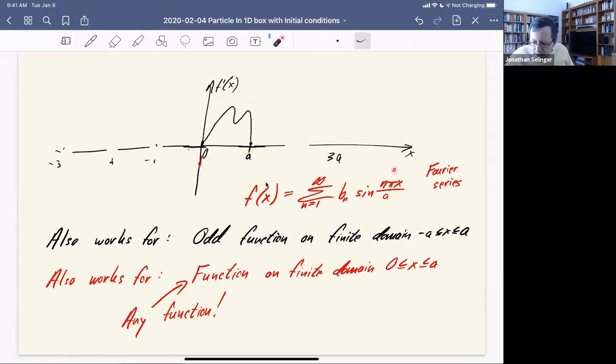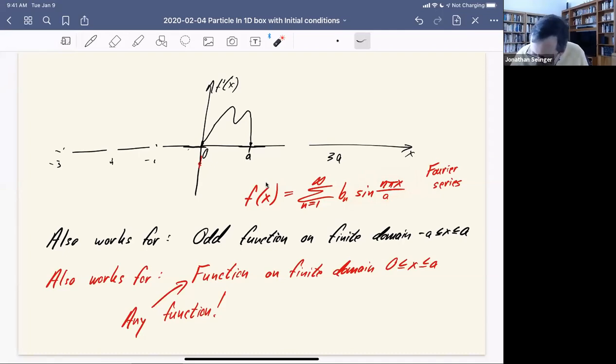I want to represent it as a Fourier series here. Representing it as a Fourier series is the same thing as representing it as a sum of the special solutions, because the special solutions are the functions just like that.